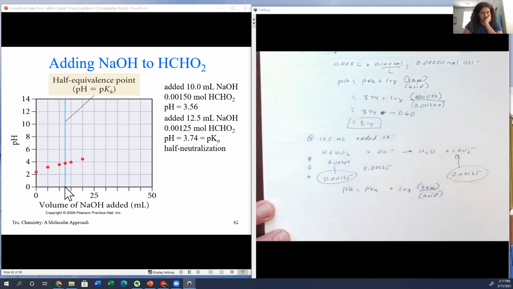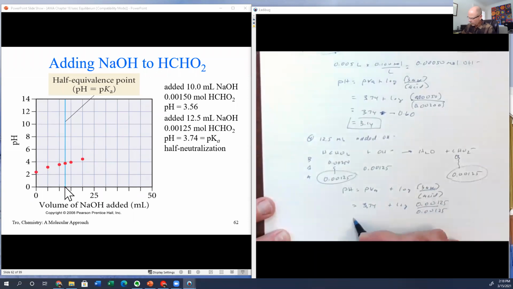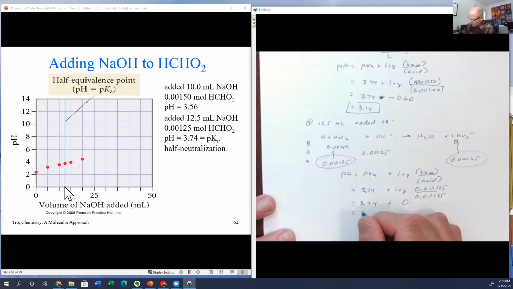Because when these numbers are the same, this is 3.74 plus the log of 0.00125 divided by 0.00125. That's the log of 1. The log of 1 is 0, so that's 3.74 plus 0, which is just equal to 3.74.